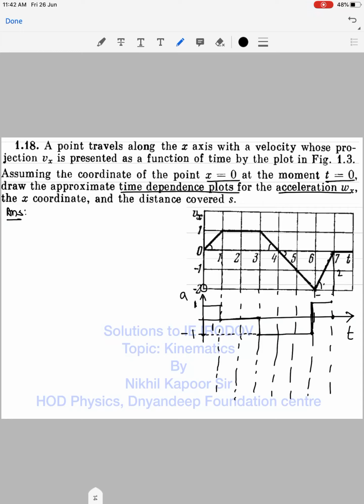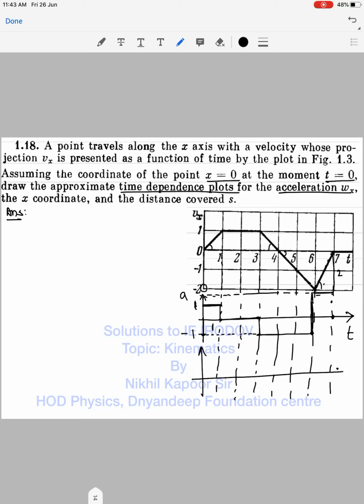So from velocity -2 meter per second it becomes 0 in 2 seconds. So obviously the acceleration is greater here. That's why I will shift this line upward, because acceleration is more than this. So that is the acceleration. Okay, this is 1 and this is double of it. You can solve and check this also.